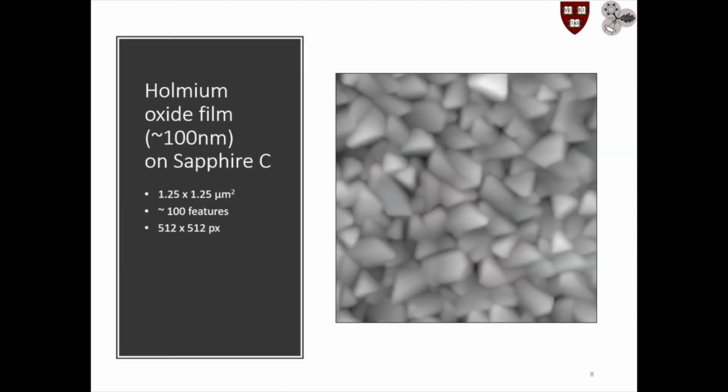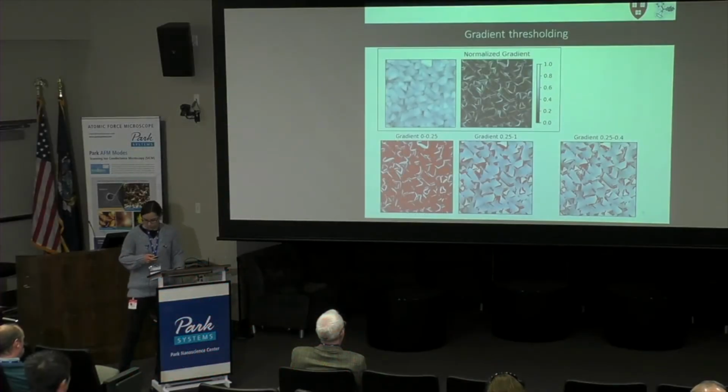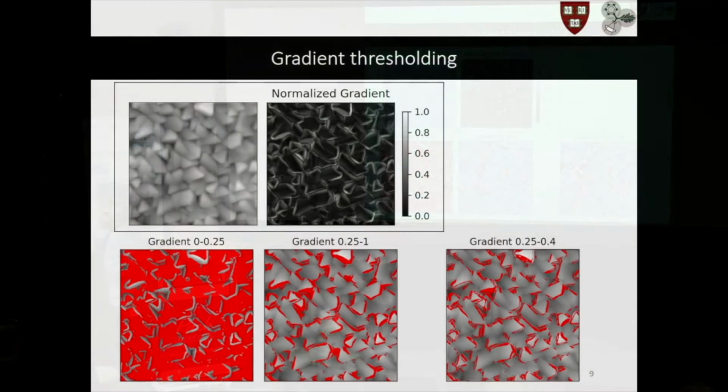Okay, so our test system today is this holmium oxide film on sapphire. This first image has about 100 features to look at. We apply our gradient filter. This is the image, and this is the normalized gradient, with values from 0 to 1.